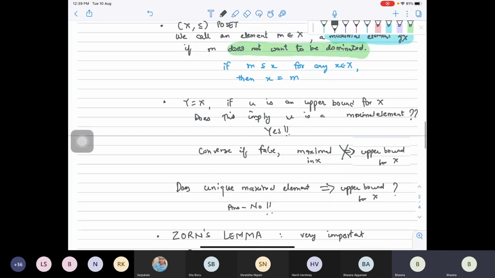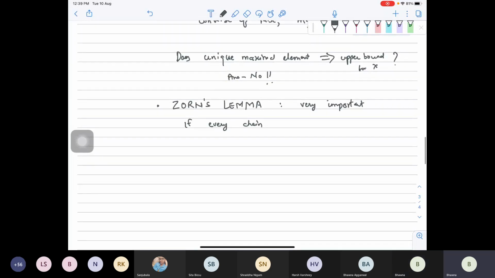So if every toset or chain in a poset, that means partially ordered set, has an upper bound, then X, the poset X, has a maximal element. Does anyone have any problem understanding the statement of Zorn's lemma?